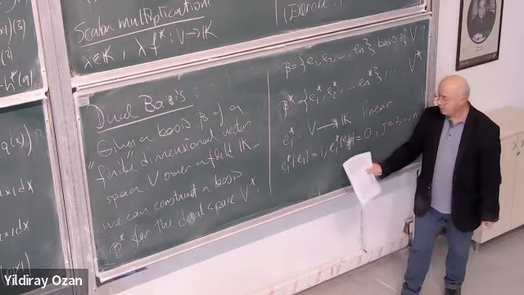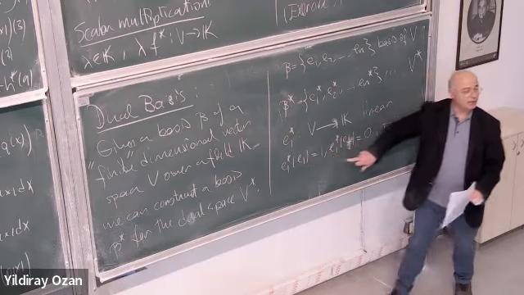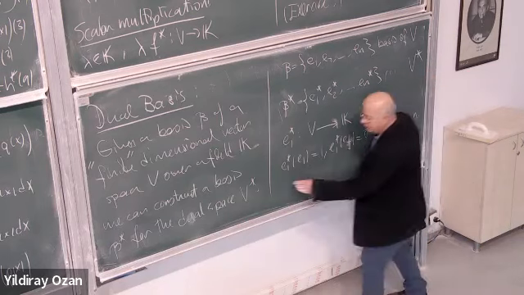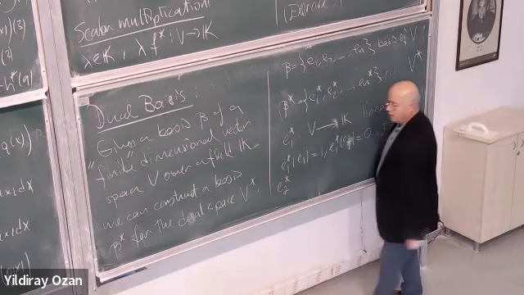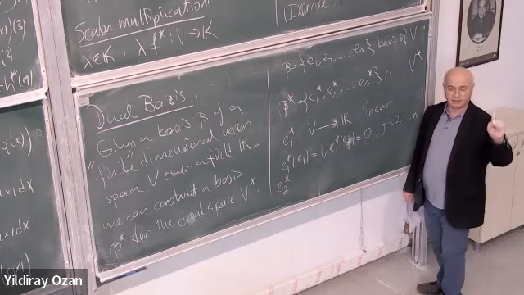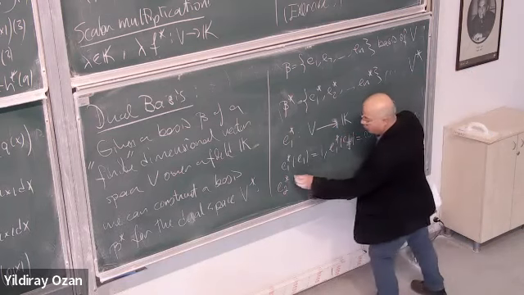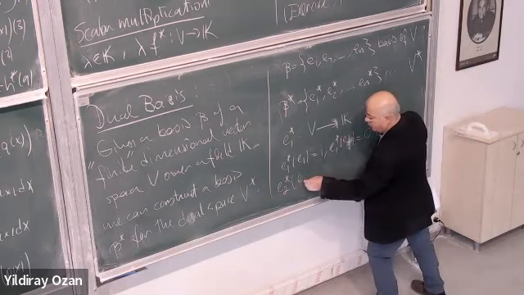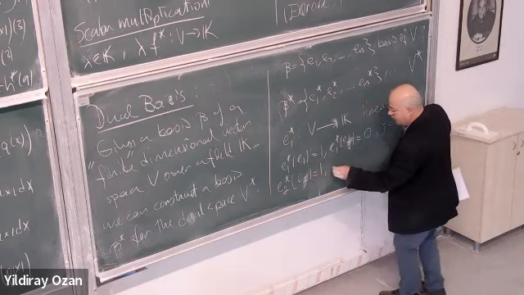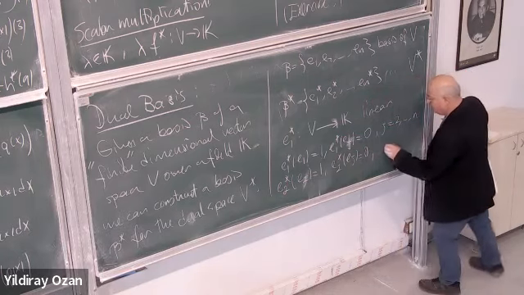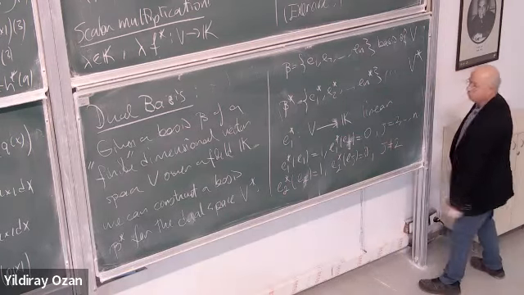So E1 star maps E1 to 1, E2 to 0, E3 to 0, E4 to 0, and so on. What about E2 star? E2 star will send the second basis element to 1 and all others to 0. So E2 star of Ej is 1 if j is 2 and 0 if j is different than 2.